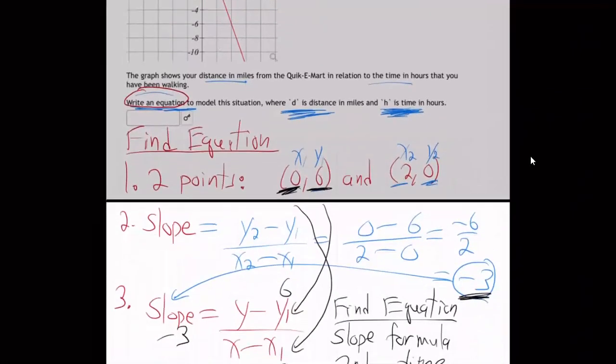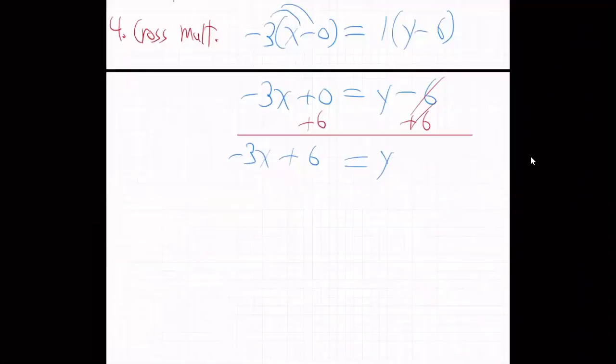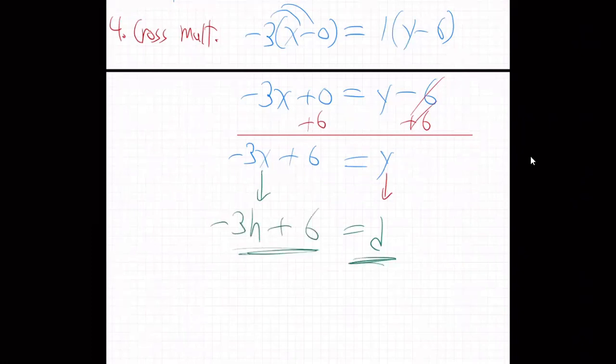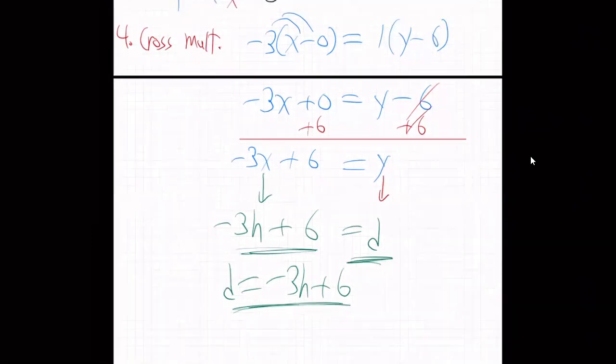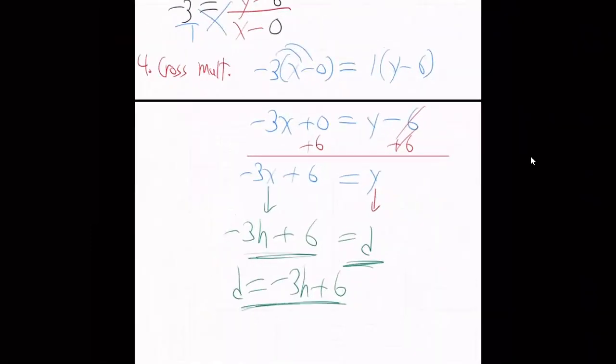That's the x-axis. So y is D, x is H. So there's our equation. Distance equals, and you can put the D on the left or the right. You can write it this way if it bugs you. It doesn't matter. It's the same thing either way. Distance is minus 3H plus 6. There's the formula that we got.